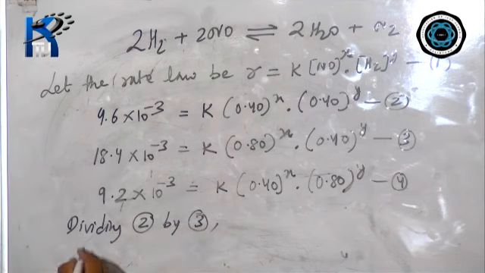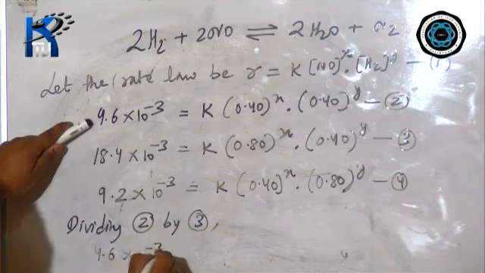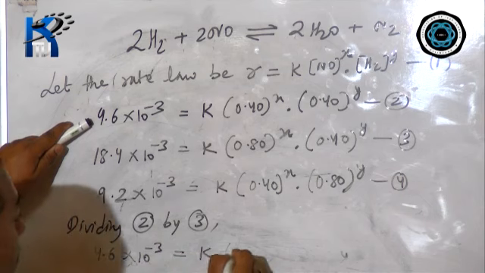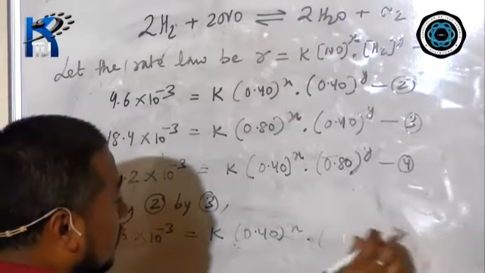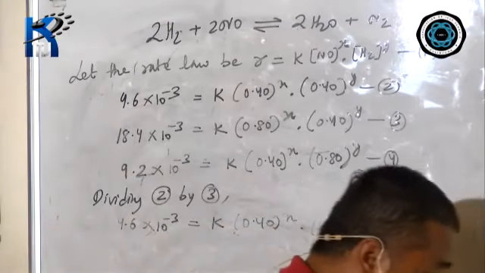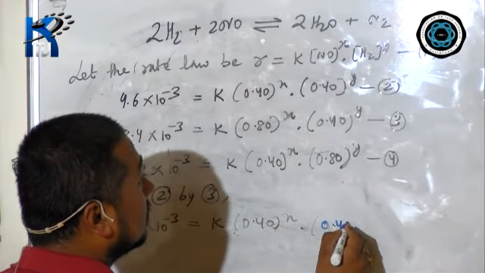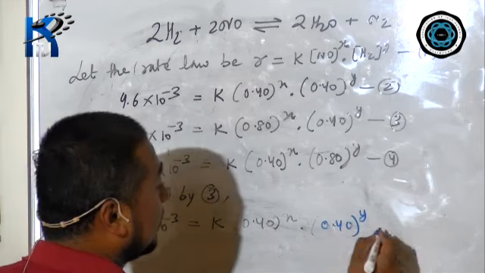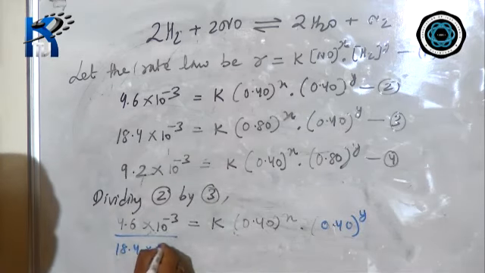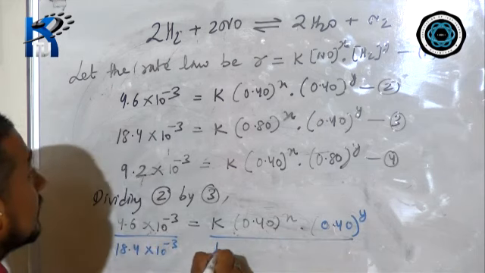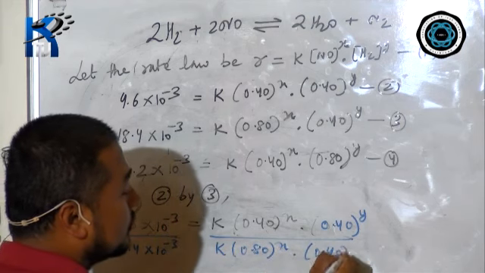When I divide 2 by 3, see what happens. Equation 2 is 4.6 × 10⁻³ = K (0.40)^X (0.40)^Y, and equation 3 is 18.4 × 10⁻³ = K (0.80)^X (0.40)^Y.